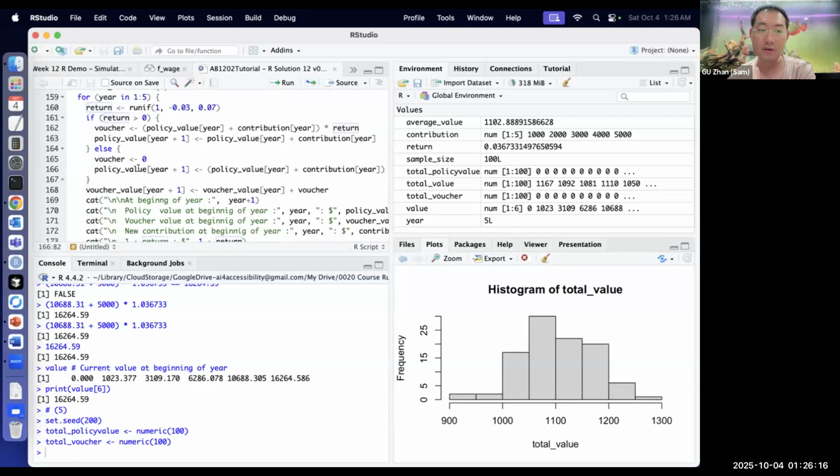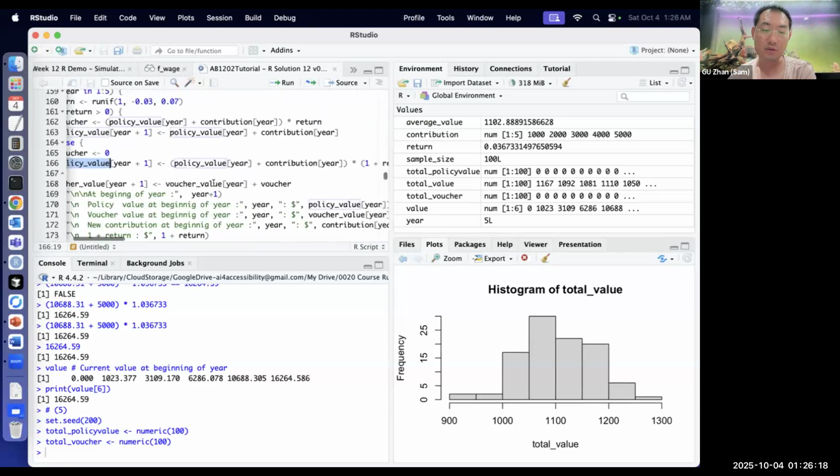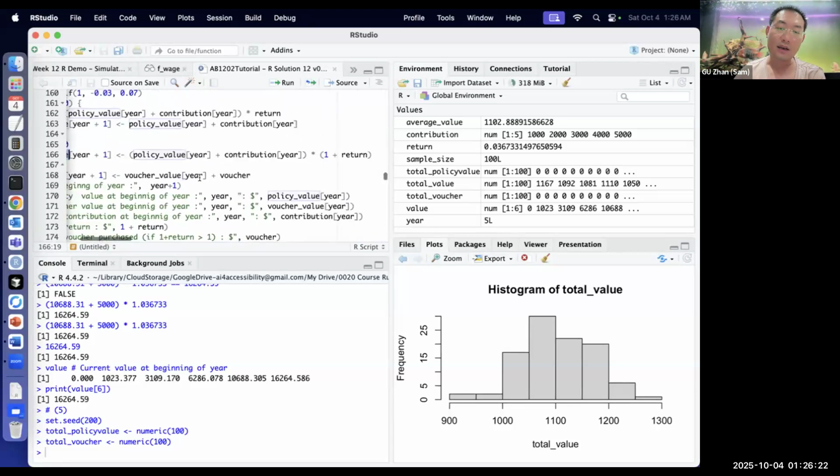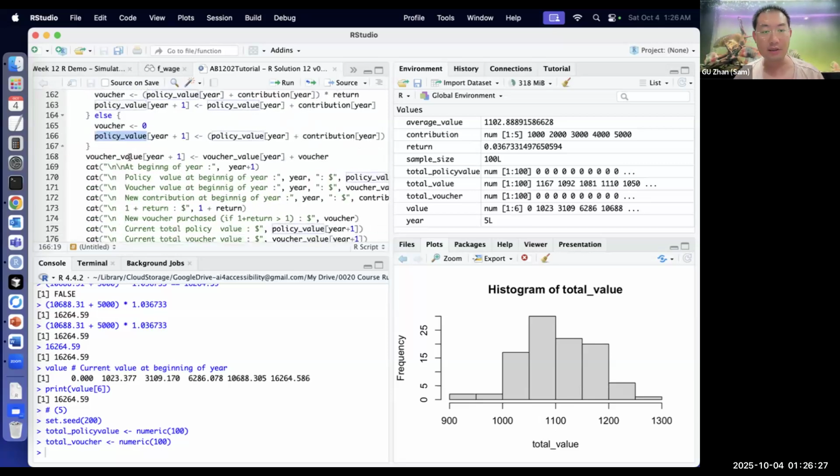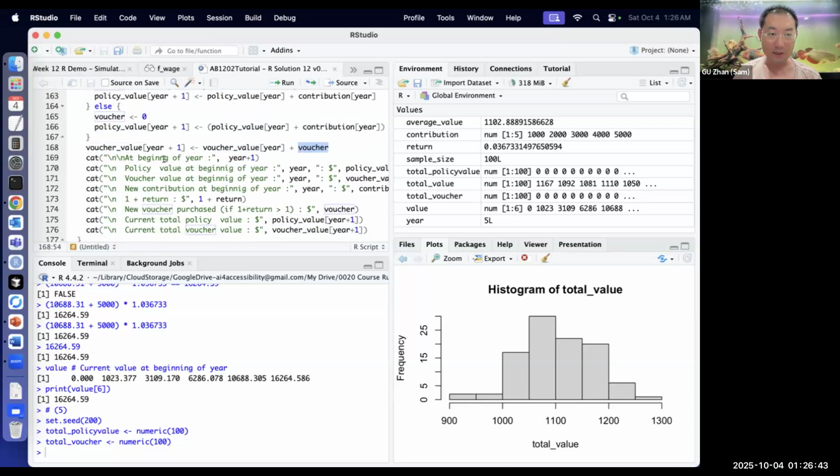So your new policy year plus 1 will be this new value. And after that, policy year equals policy voucher. So now you sum the policy voucher. Policy voucher is the current voucher that you accumulate, the sum of all the previous years' policy vouchers.